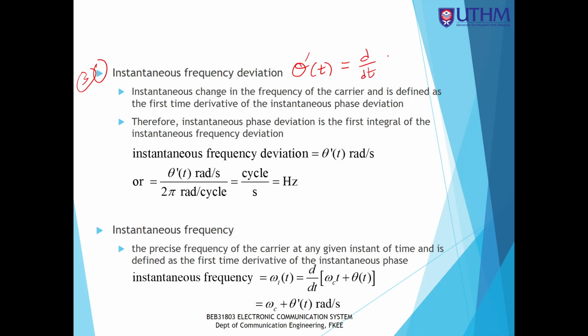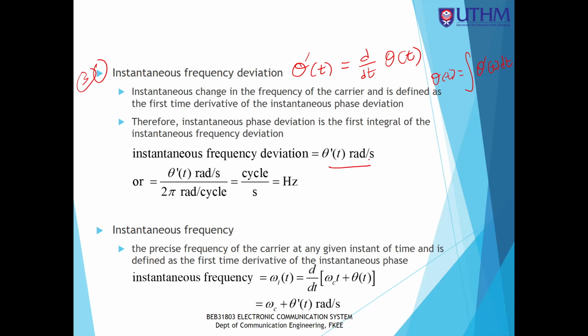So differentiating theta t, you get theta prime t. And if you want to get back theta t, it is the integral of theta prime t dt. Of course, if you do the derivative, you need to do the integral to reverse it.